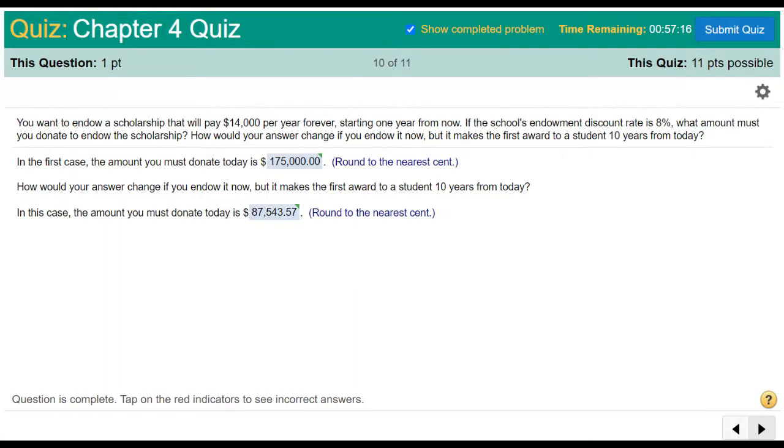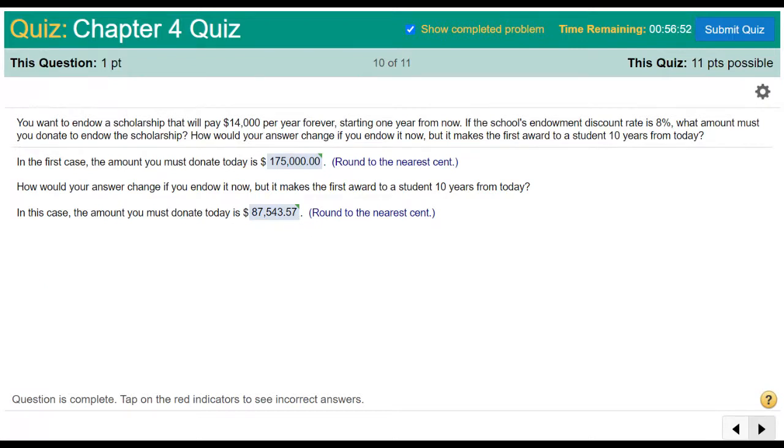So N equals 9, I/Y equals 8, right? Payment is 0, right? Future value is 175, and then compute for present value.